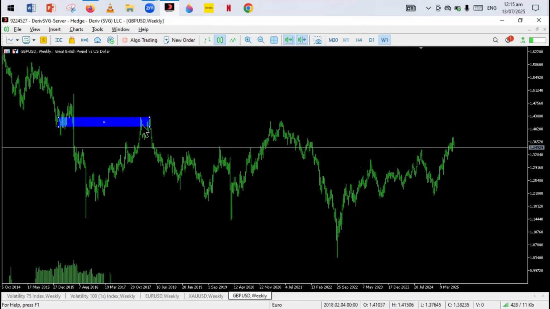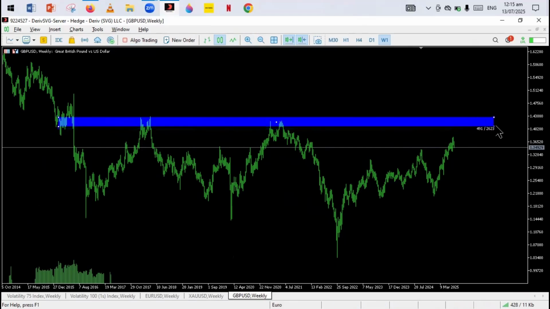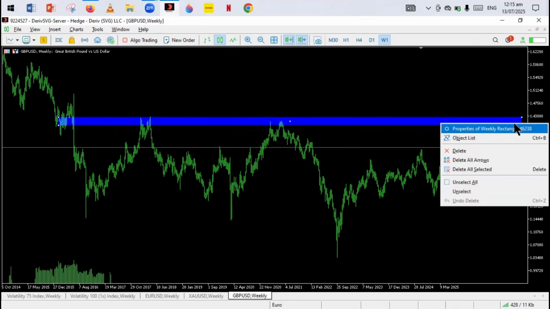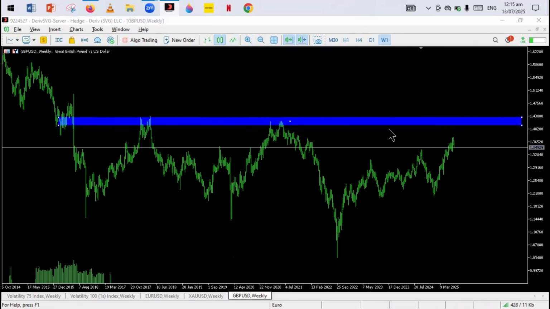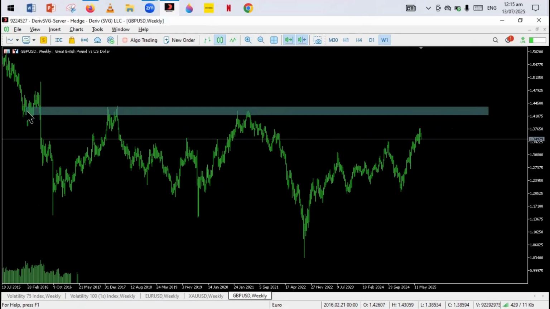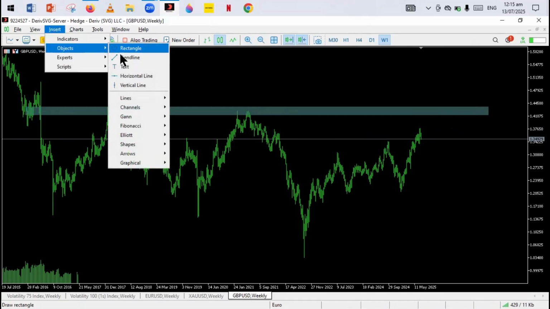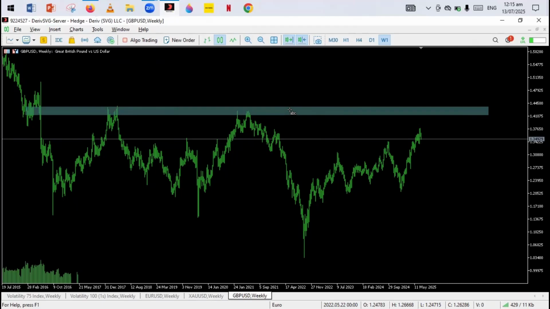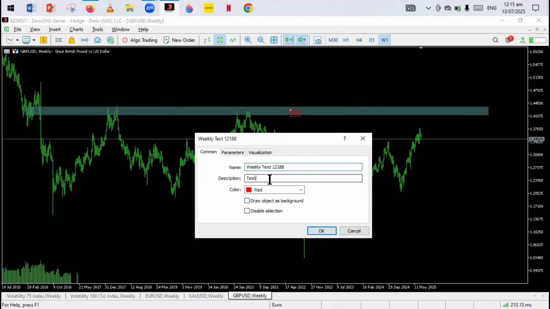So that one is our supply. That one is our supply zone. Whenever the market gets at the supply zone, it sells.